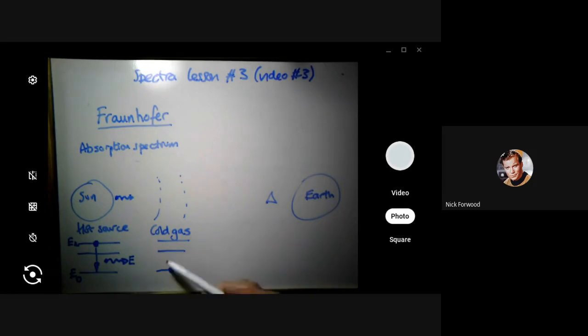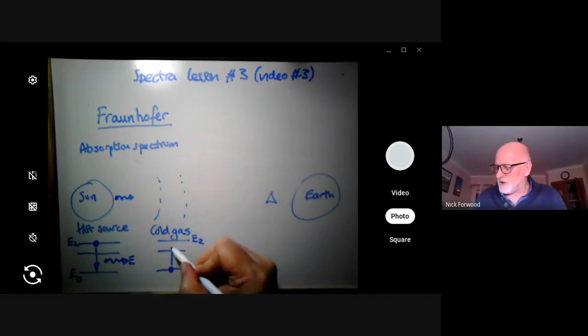Now, if the cold gas, which is situated out here in space, has exactly the same energy gap, in other words, E2 and E0 are exactly the same distance apart as the distance that caused the light to be produced in the first place, that energy of that light photon will make this electron jump up.